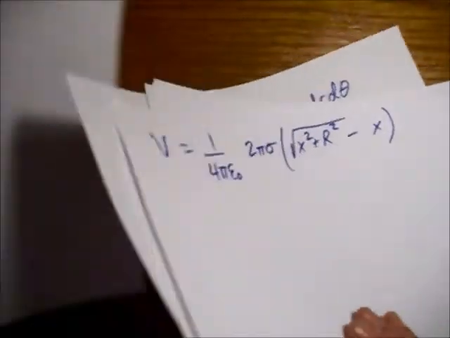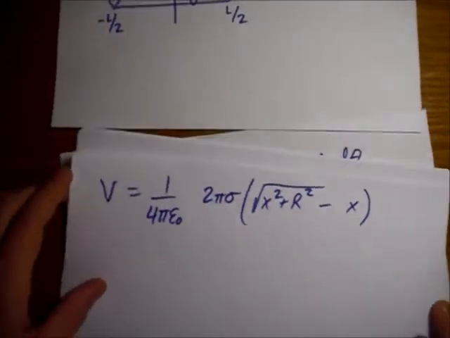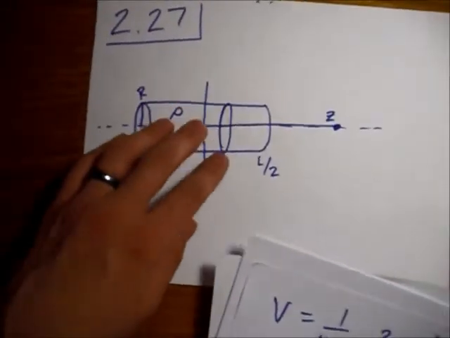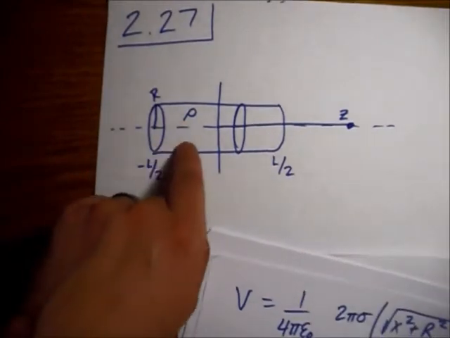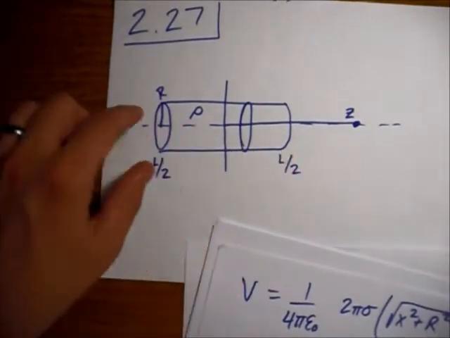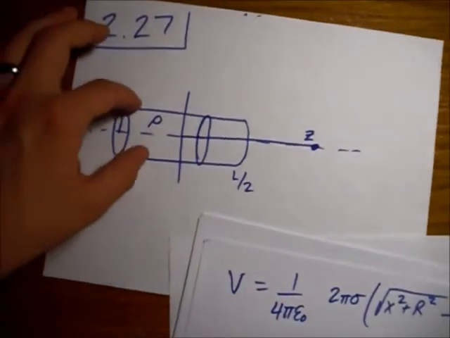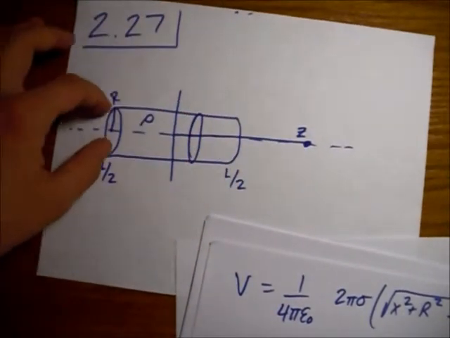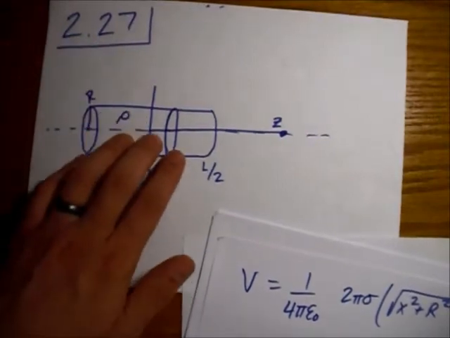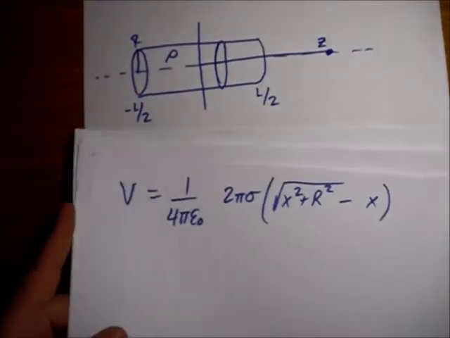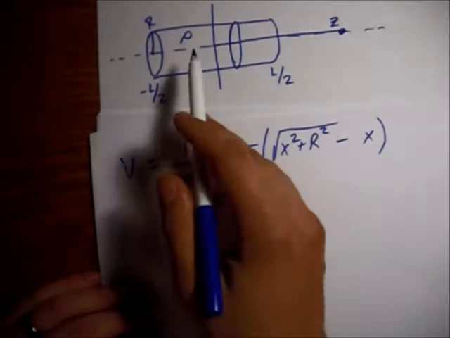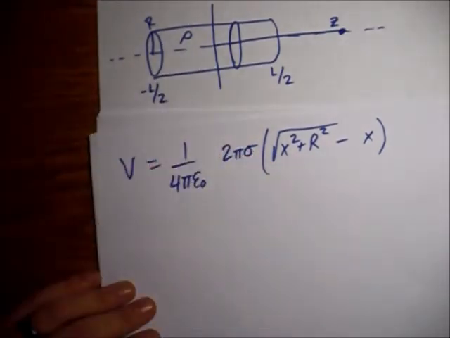Now we have to put it into this case where we are going to be integrating. We're going to be basically adding up the potential due to an infinite number of infinitesimally thin disks that make up this cylinder.